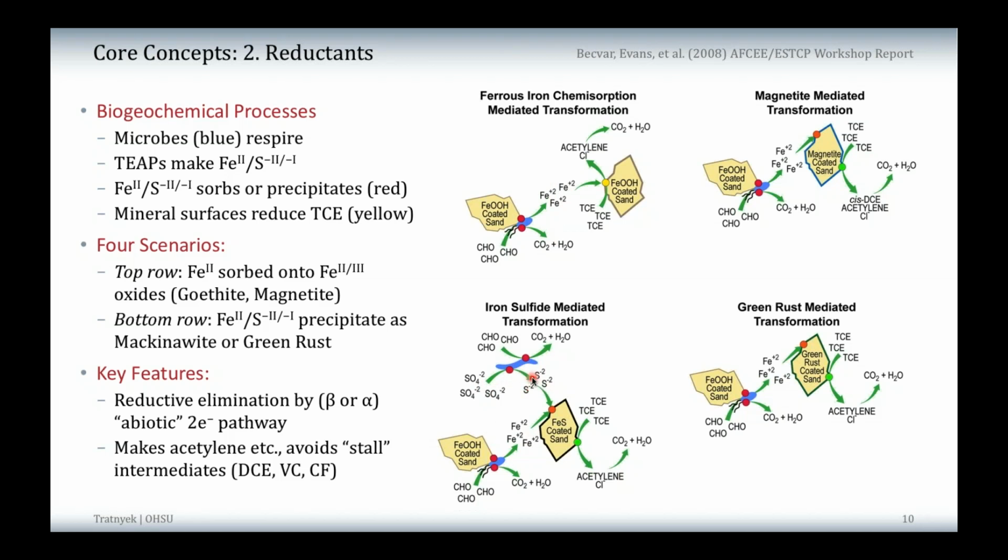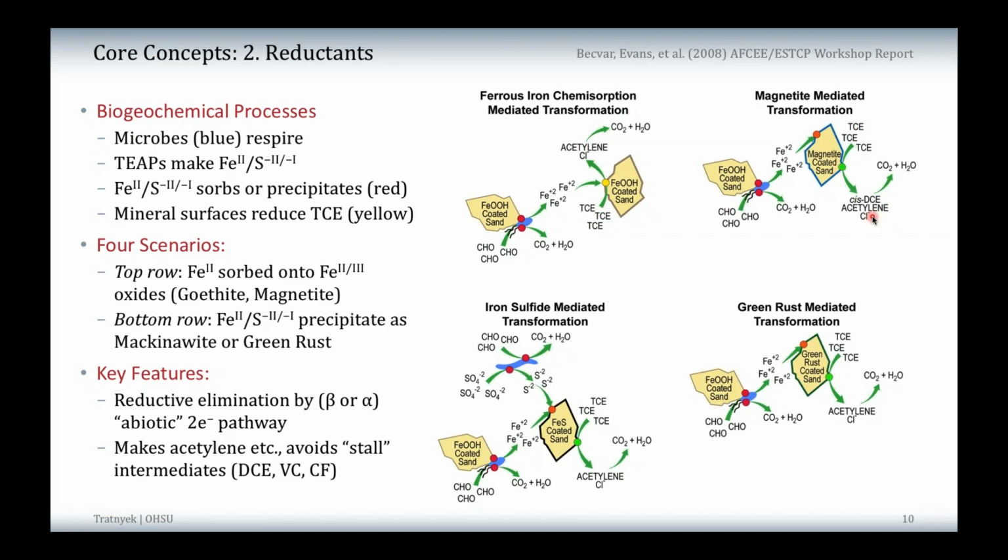And the iron 2 and the sulfide then goes on to deposit, either by adsorption and/or co-precipitation, to form a new phase. In these figures, this is represented here and here and over here. And it's there that the contaminant degradation, represented say by TCE, is reduced to produce products.